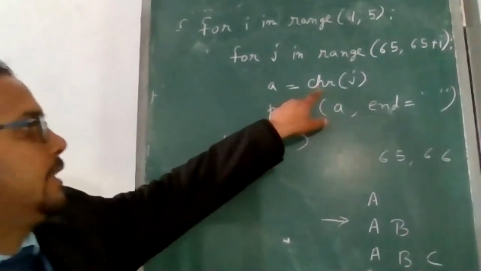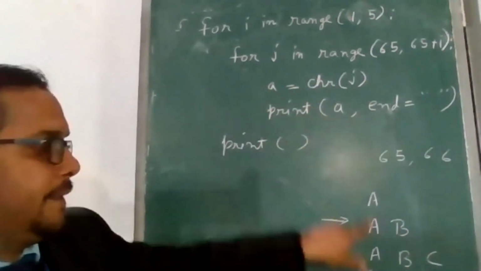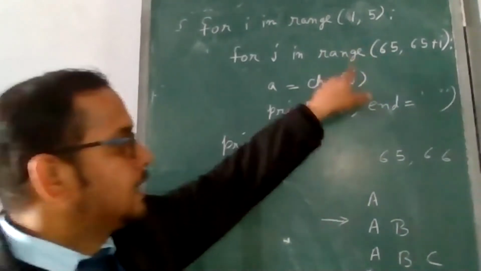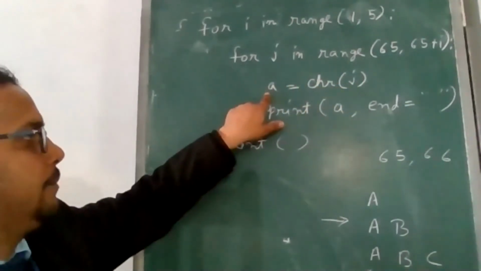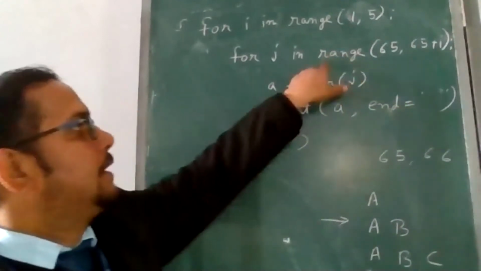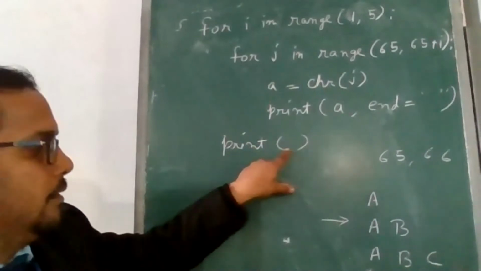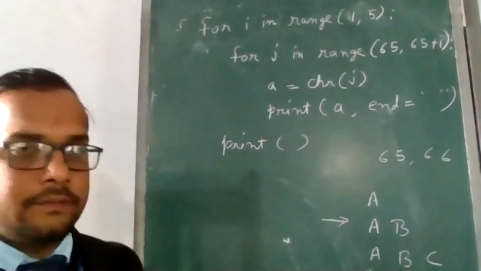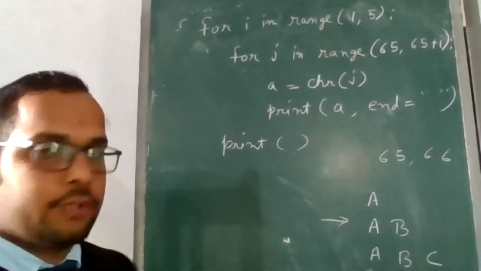First it will assign 65 to a, display capital A, then a space. After that, 66 is the value of j, assigned to variable a, and it will display B, then a space. After that, this condition is false. Come here, print without any statement, move to the next line, and then come to the outer loop and execute for i equals 3.